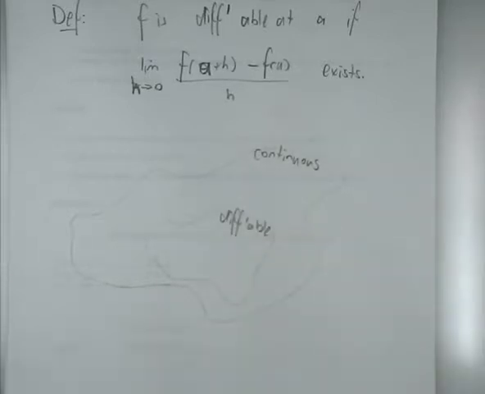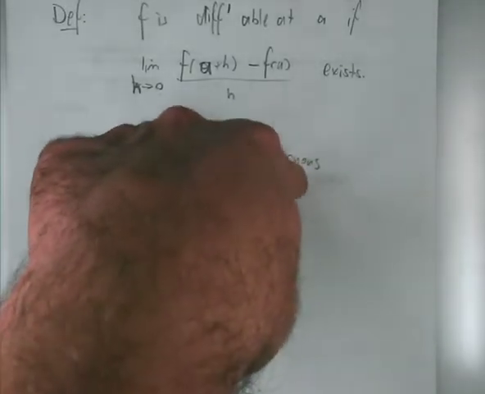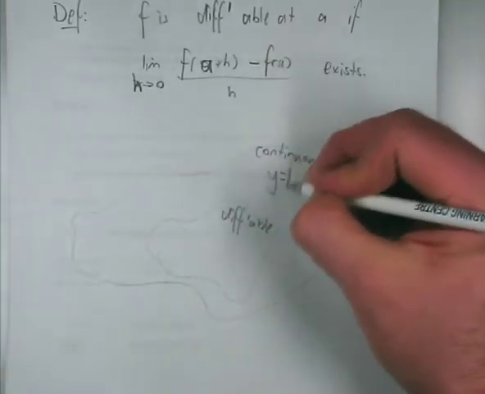There are ones that are continuous but not differentiable. For example, mod x is one of them. It's continuous, there are no jumps or gaps, but you can't differentiate it when x is 0. Most things that we care about are differentiable, but there are things that are continuous but not differentiable.